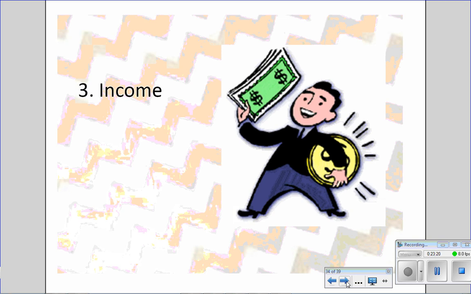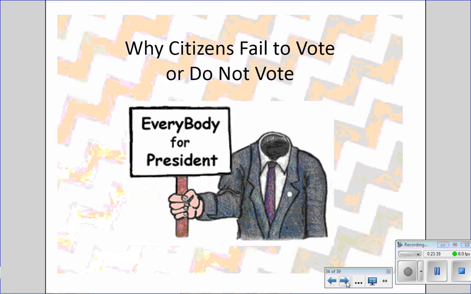And even though the more income you make, the more likely you are to vote, there are a lot of people who don't make a lot of money who also take their rights seriously. So this is just ways we can predict, but it doesn't mean that nobody who doesn't make any money votes. It's just to predict.